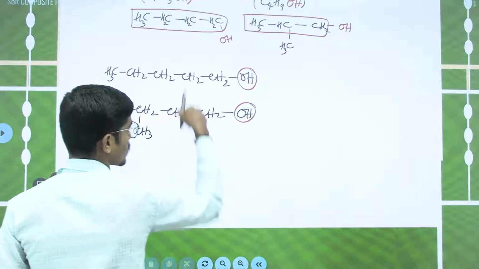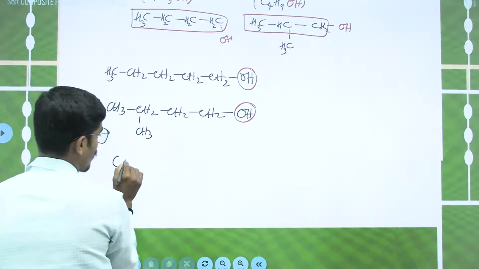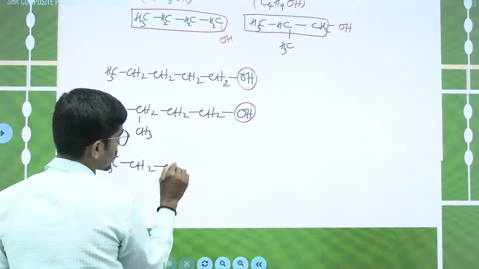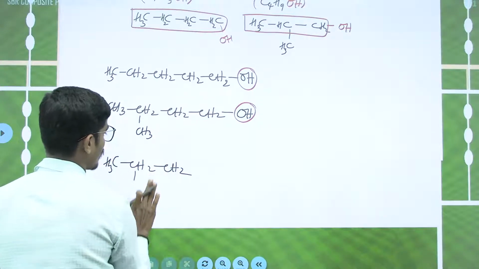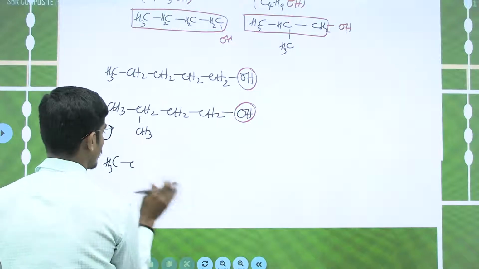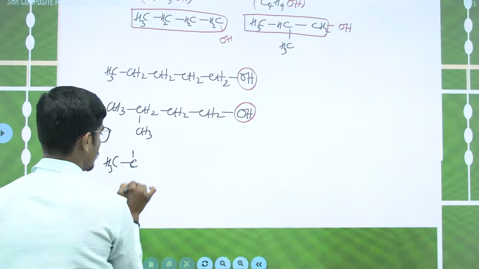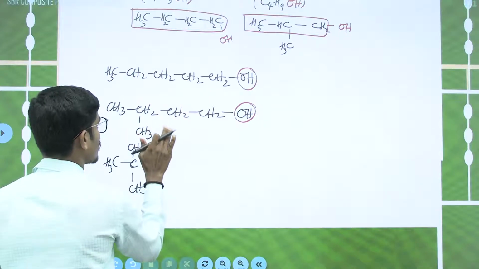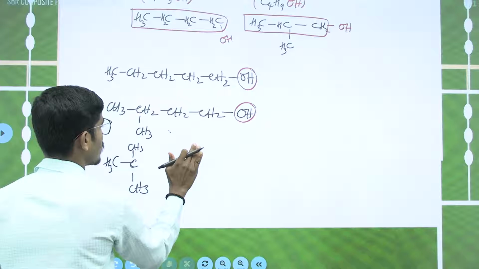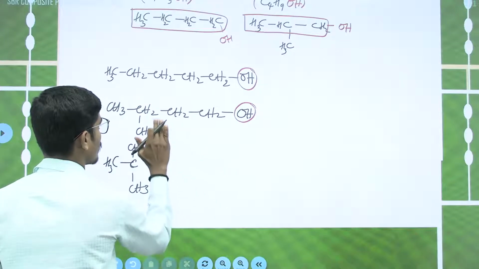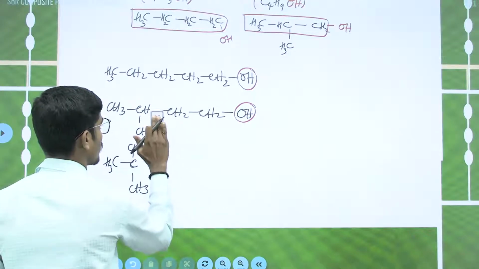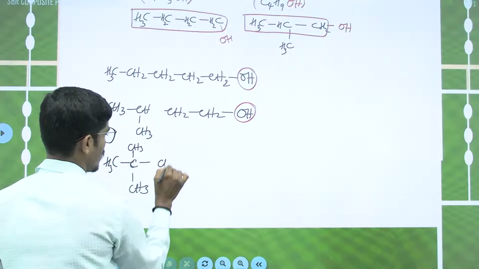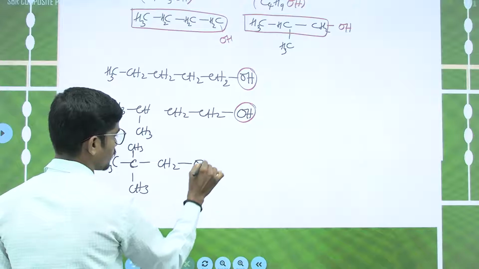So there is a difference in the carbon chain. Another structure: CH3, CH3, CH2, OH.